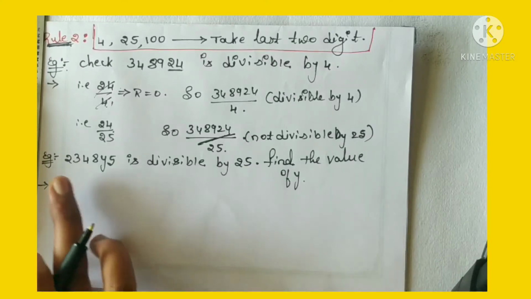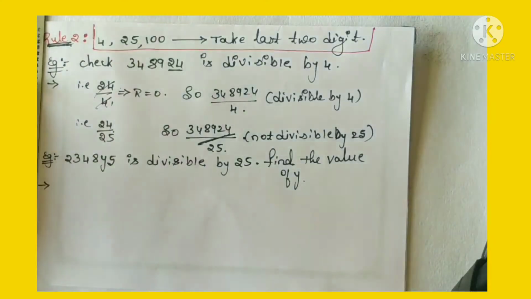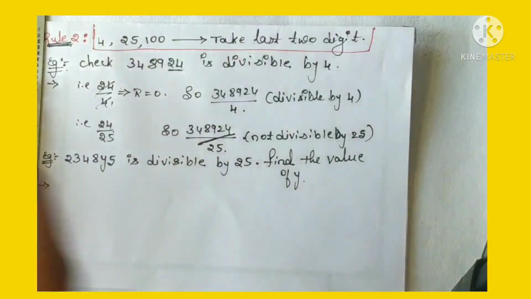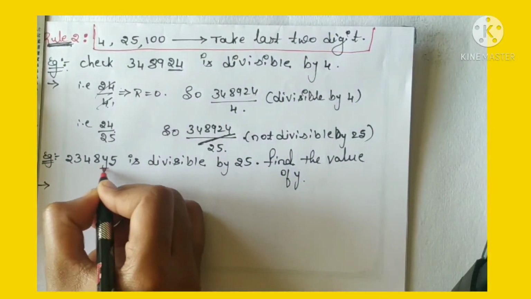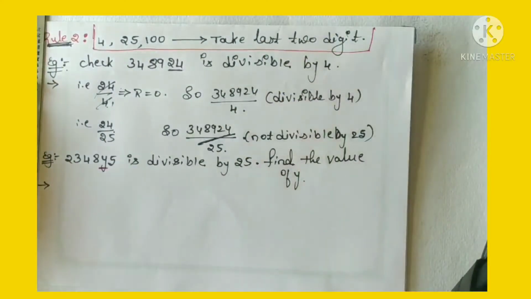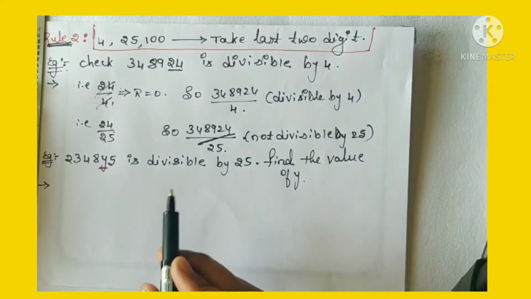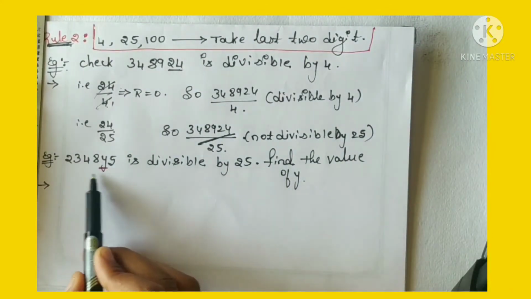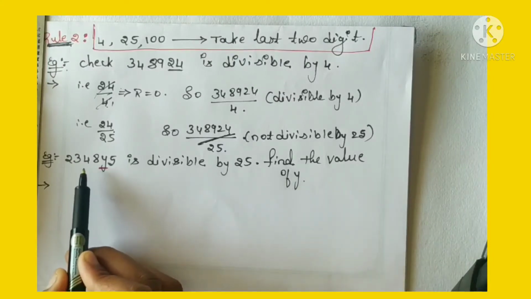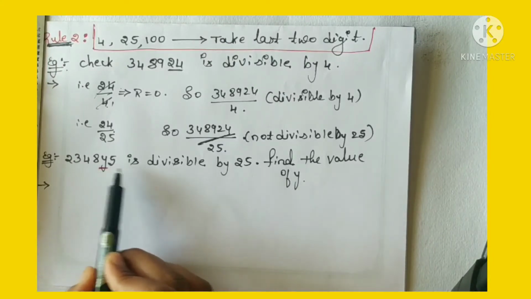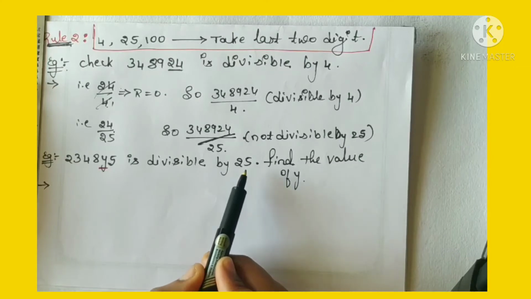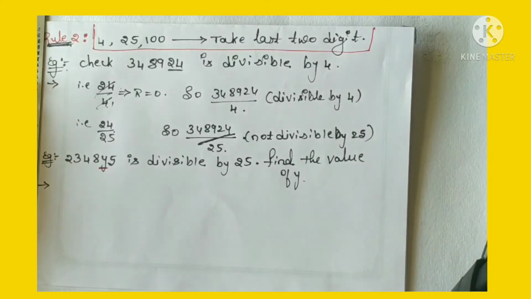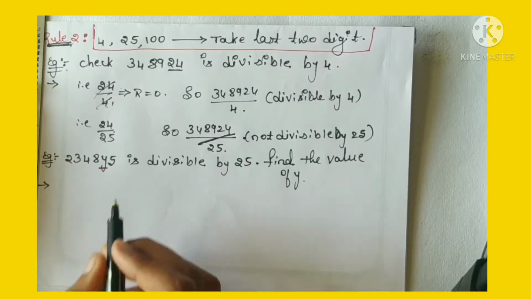Now here we have to find the value of y. In the question they have already given that the given number is divisible by 25. If the given number is divisible by 25, then the last 2 digits of the number must be divisible by 25.